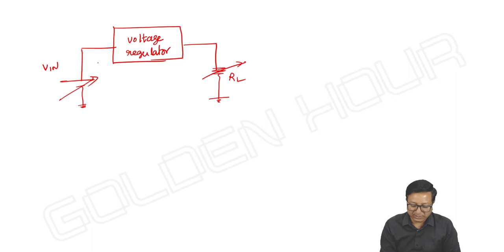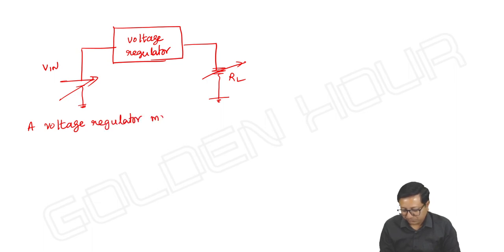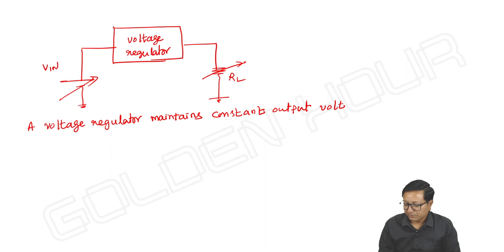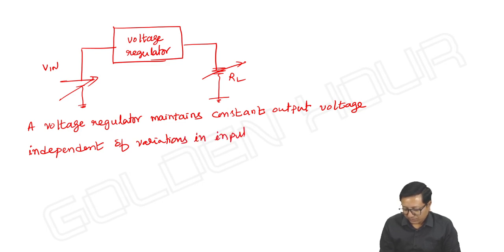So here what it does means a voltage regulator maintains constant output voltage independent of variations in input voltage and load resistor.